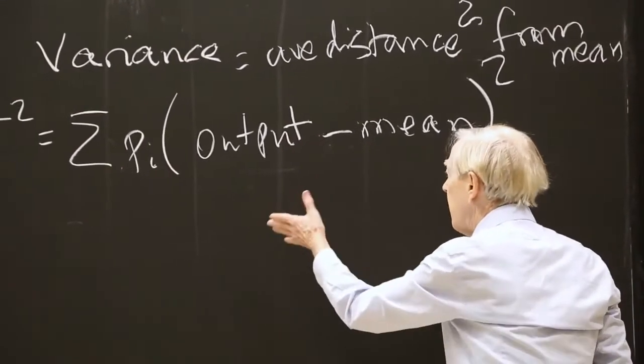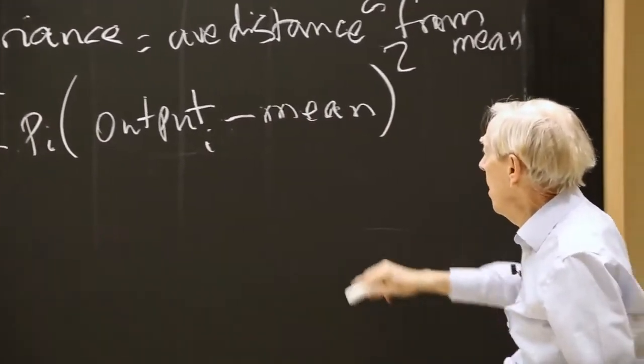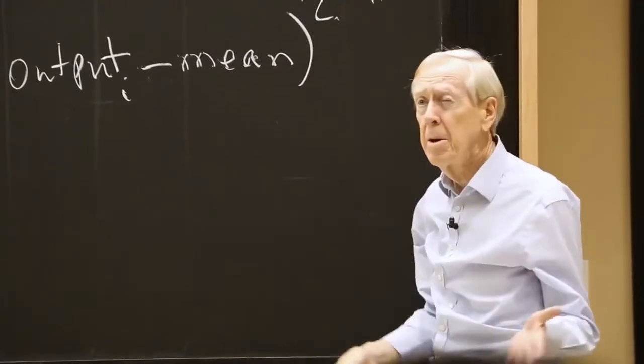So I take whatever output I have that came with output number i, minus the mean, which was the average output. I square those, and I get a number.